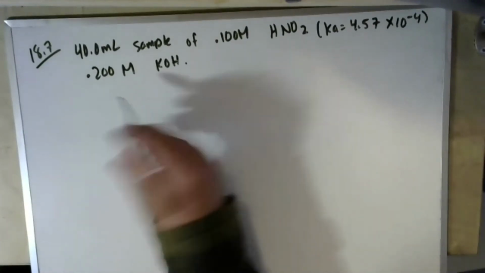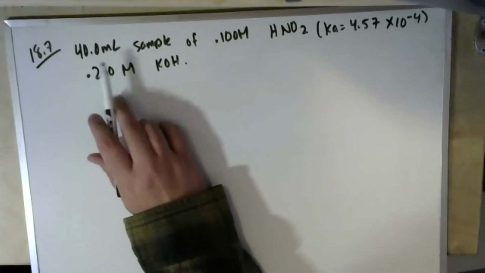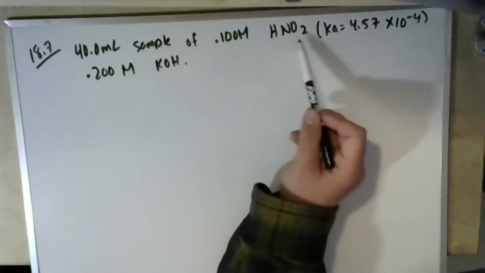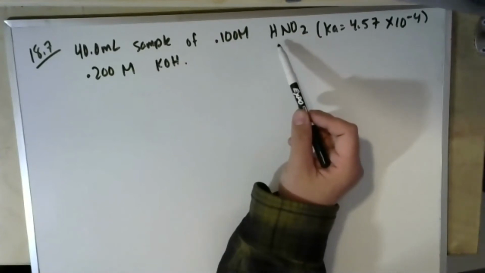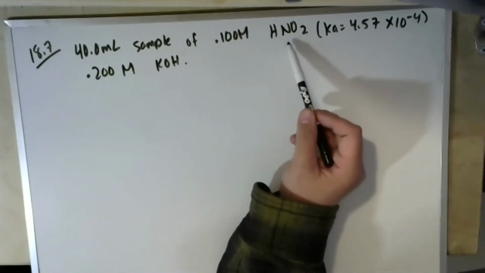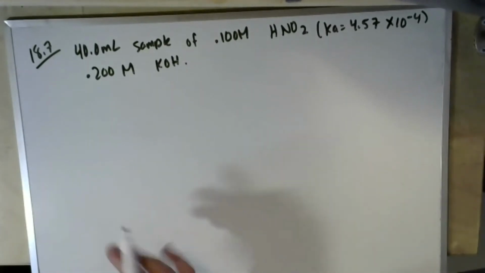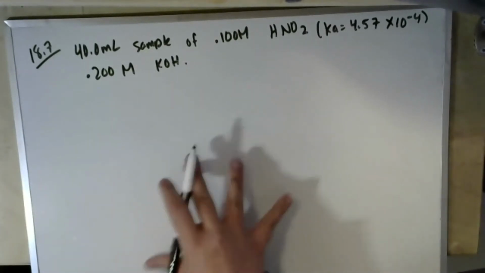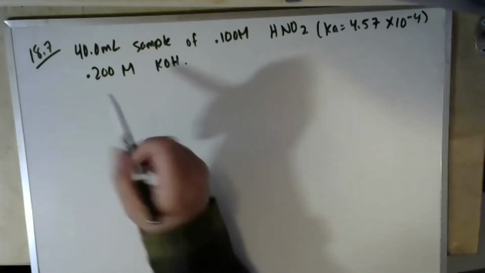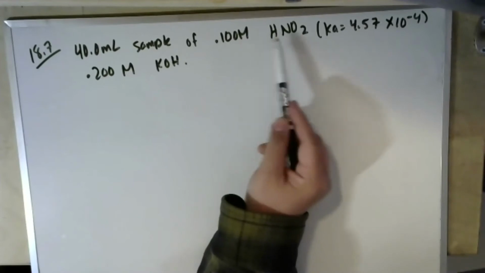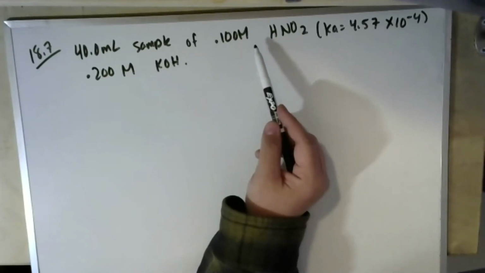So here they're telling you that you have a 40 milliliter sample of this nitrous acid. That's what you're starting with. So if they wanted to know what your initial pH was for this titration, you're just going to be focusing on what you're starting with here, your 0.1 molar nitrous acid.